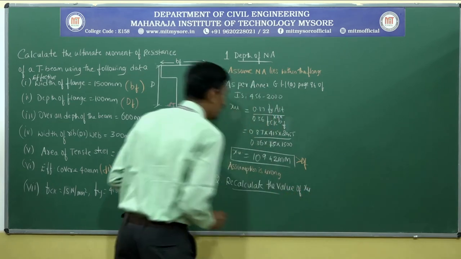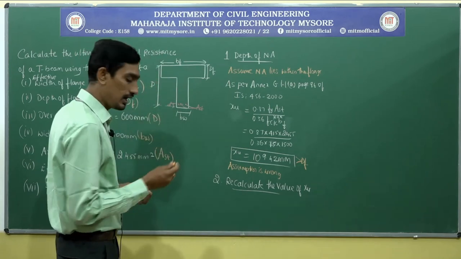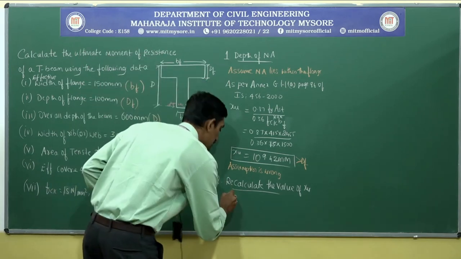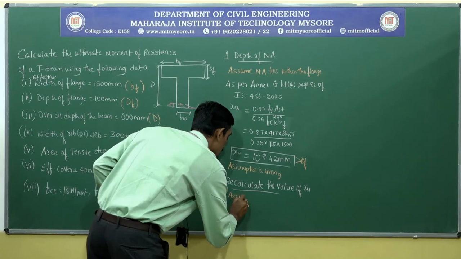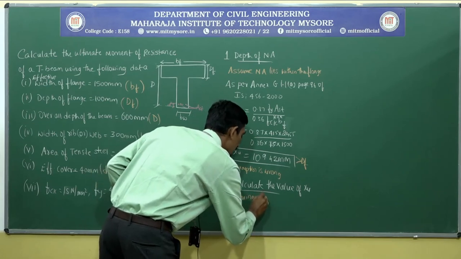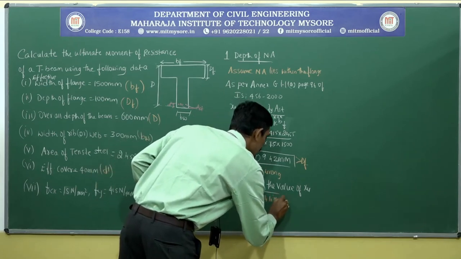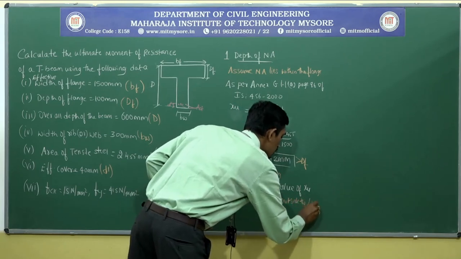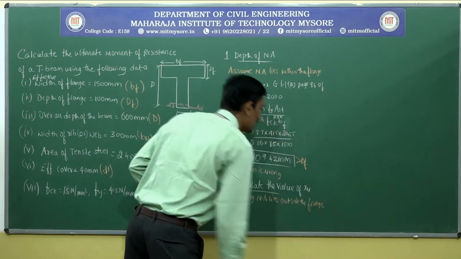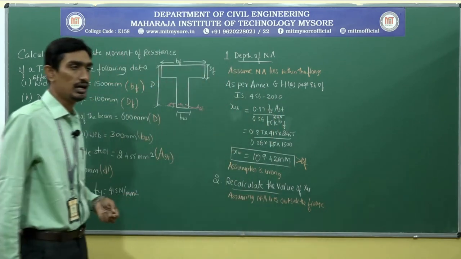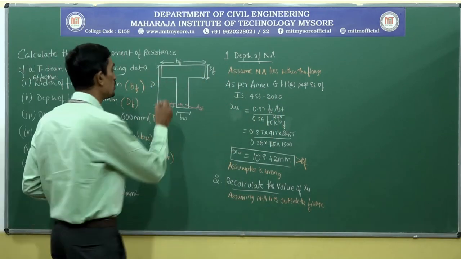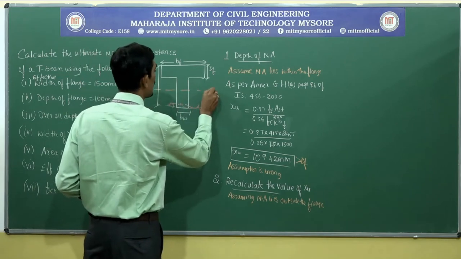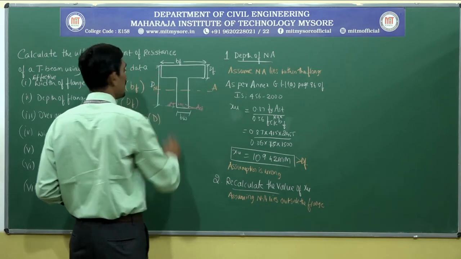So how to recalculate? First write down the statement: assuming neutral axis lies outside the flange. Now I am changing my condition or statement in such a way that the neutral axis is lying outside the flange.